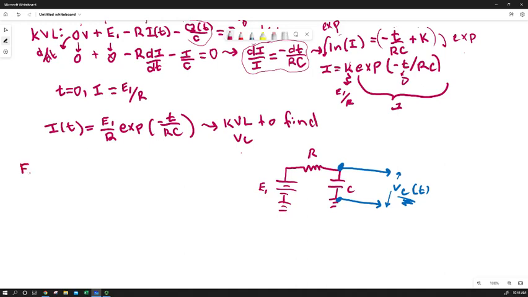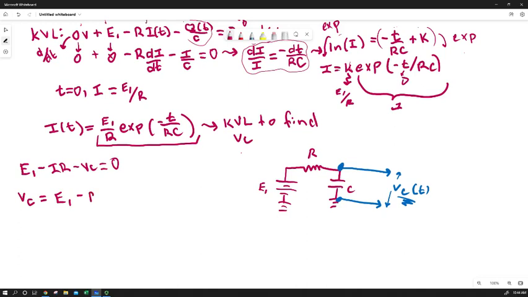We had E1 minus IR minus VC equals 0. So we can isolate the voltage drop over the capacitor, which is what we'll be measuring in our circuit. It's going to be equal to our invariant voltage source minus I, which is that whole expression, times R.